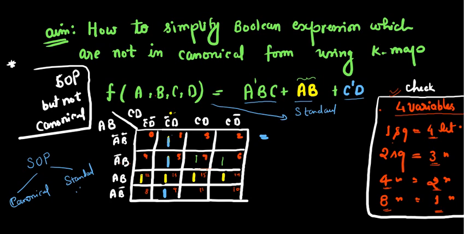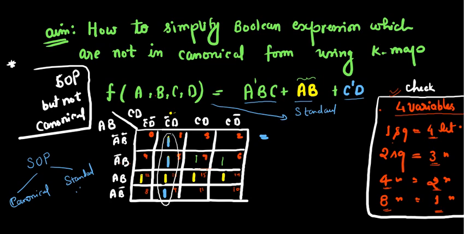This will give you the same expression in canonical form. But our aim is next to simplify this, so we have to do the grouping. It is easily visible that we can group these ones like this.